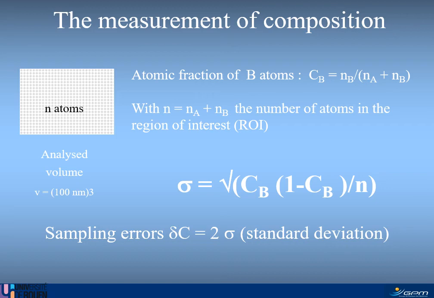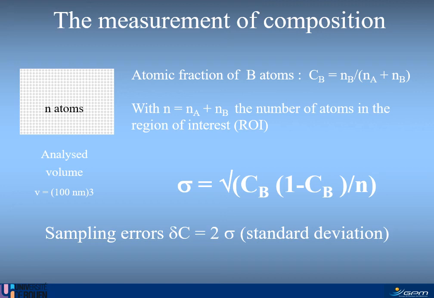So let's go now to the problem of statistics for the measurement of composition. If you've got an atomic fraction of B atoms, CB, this is simply equal to the ratio of NB over the total number of atoms in the binary alloy. If you want to know the precision, it is in fact controlled by sigma.